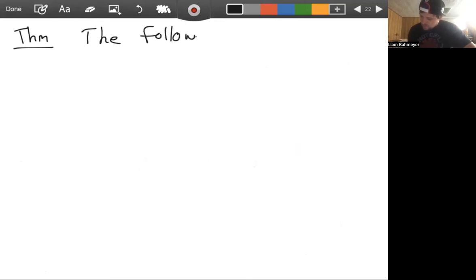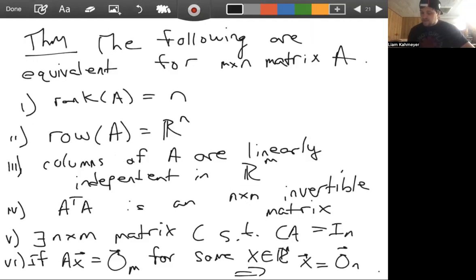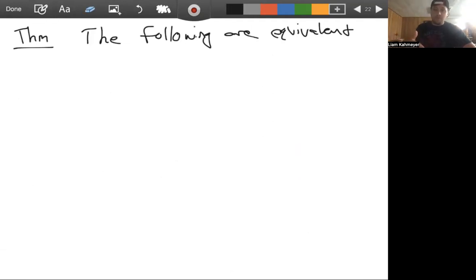Okay. Now, let's do a similar theorem here. So A is still an m by n matrix, and the following are equivalent. I should say the previous one was max rank in the sense of the n columns. Now we want this to be max in the sense of m, right?